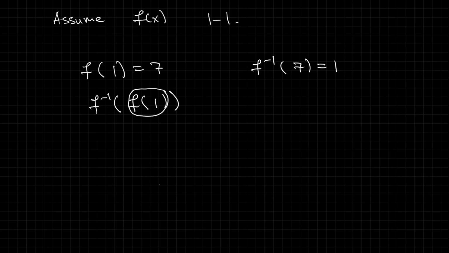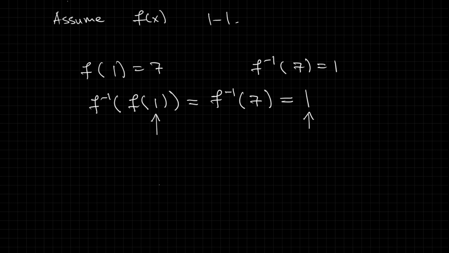So f of 1, that's equal to 7. So that's f inverse of 7. And now f inverse of 7 is 1. And what happens here is the 1 that I inputted to the composition turned out to be the output of the composition as well. This is not a coincidence.